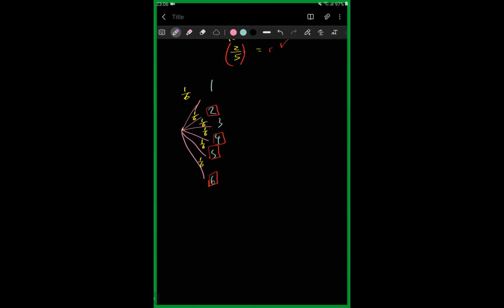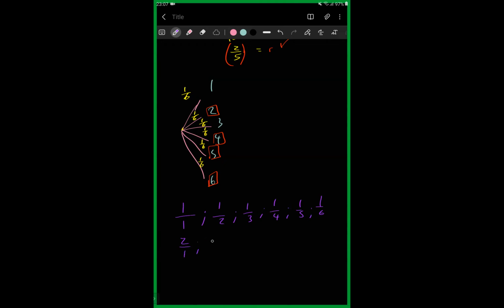You can have 3 over 1, 2, 3, 4, 5, 6. You can have 4, and then 5, and then 6. And then you can have it the other way around. Let's put it this way: the 1 can be over 1, 1 over 2, 1 over 3, 1 over 4, 1 over 5, or 1 over 6. And then a 2 can also be over 1.